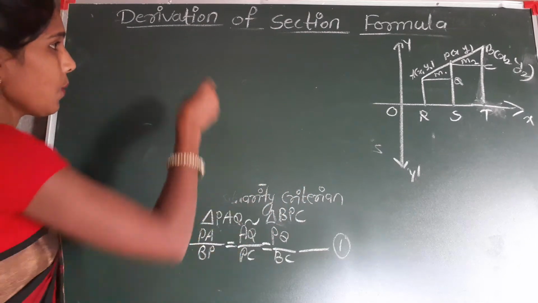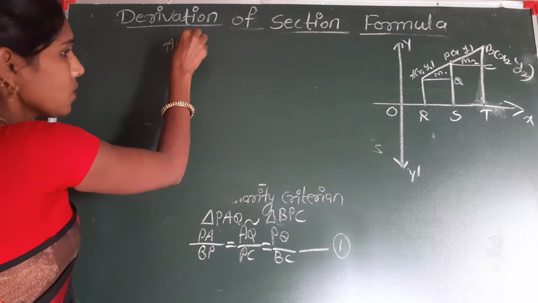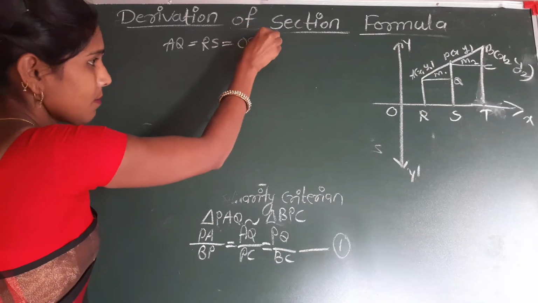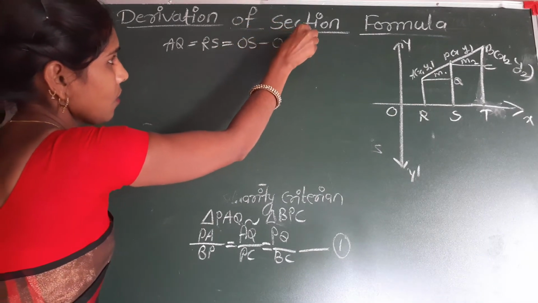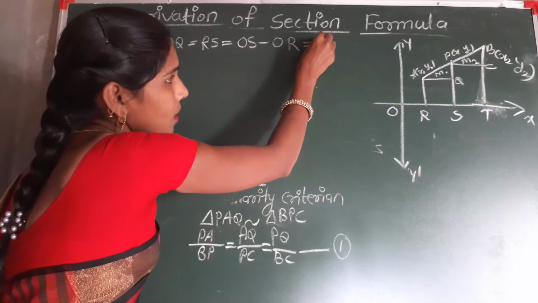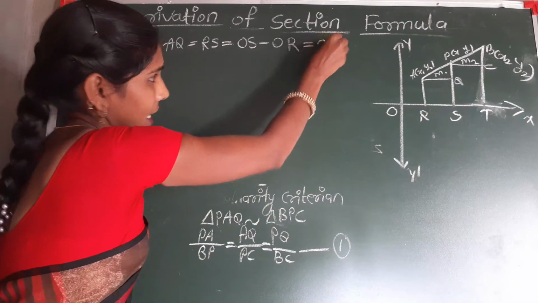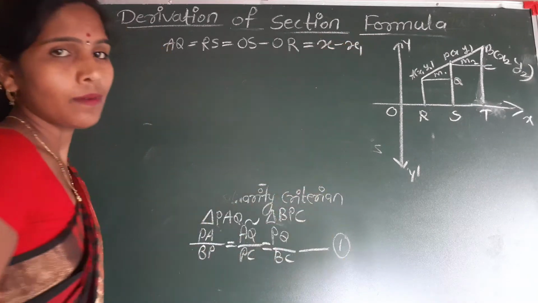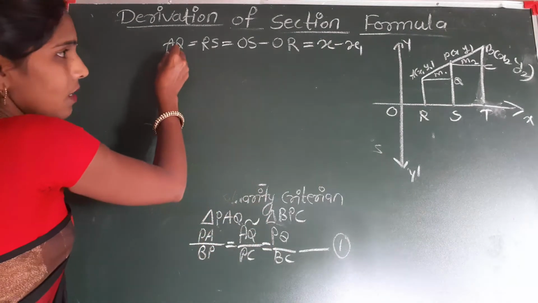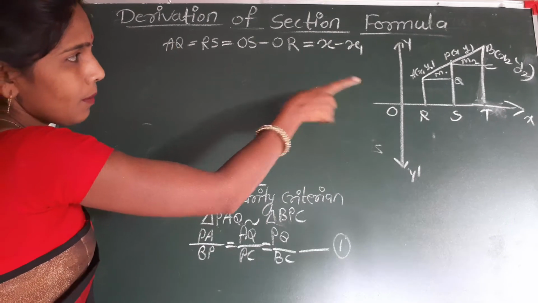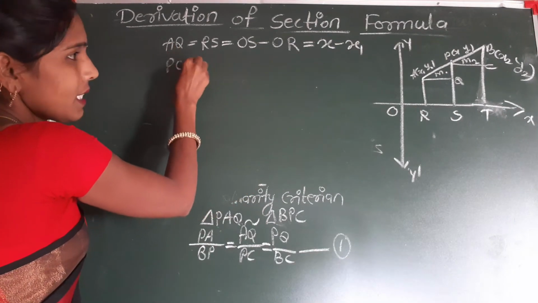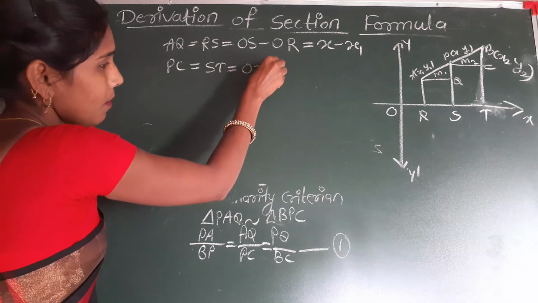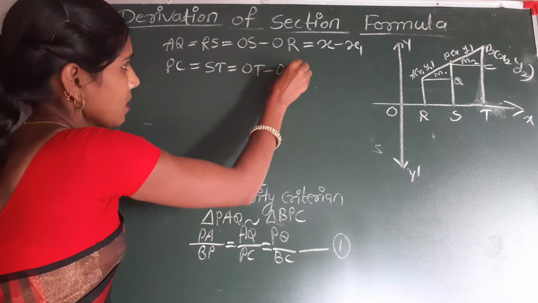First AQ. AQ is equal to RS is equal to OS minus OR. OS is x and OR is x1. Next we need PC. PC is equal to ST is equal to OT minus OS.